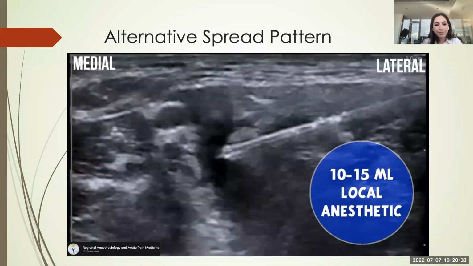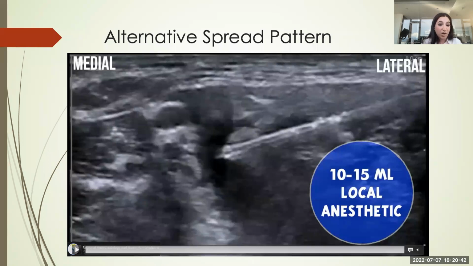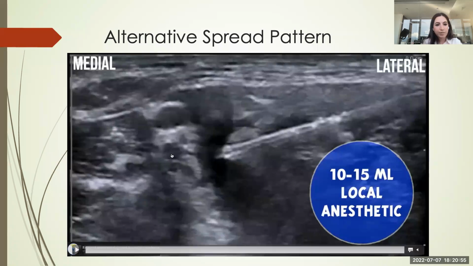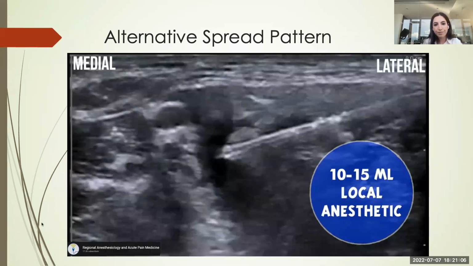So checking the block 15 minutes after performing it would be useful to know whether or not you need to deposit some additional local anesthetic. And again, perineural catheters placed with this method are likely not very effective, and you do need to pierce through the brachial plexus sheath.